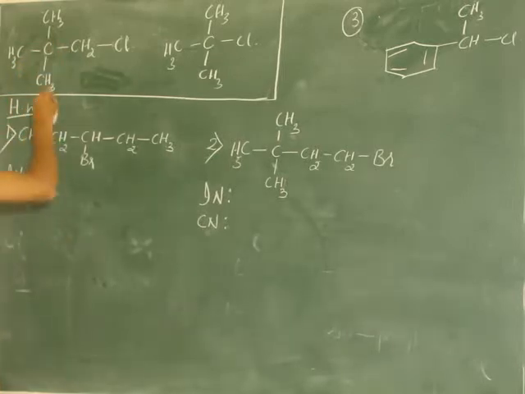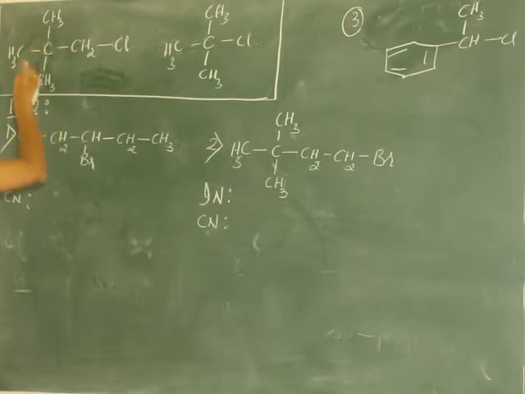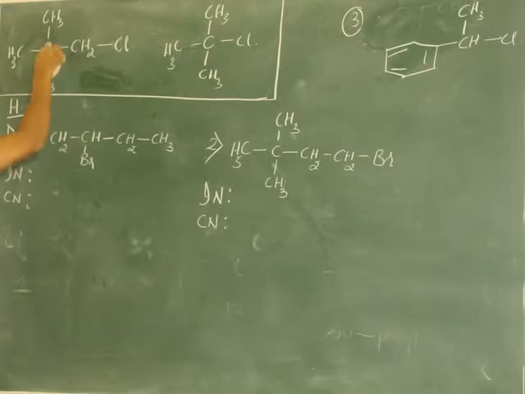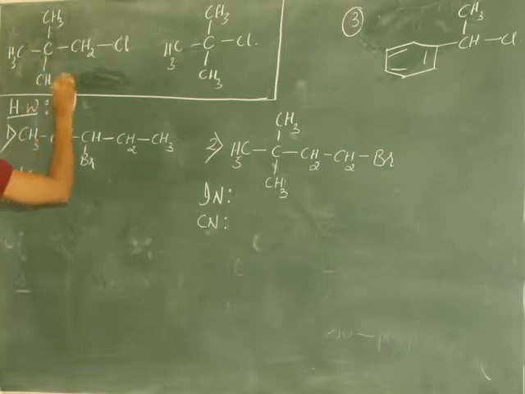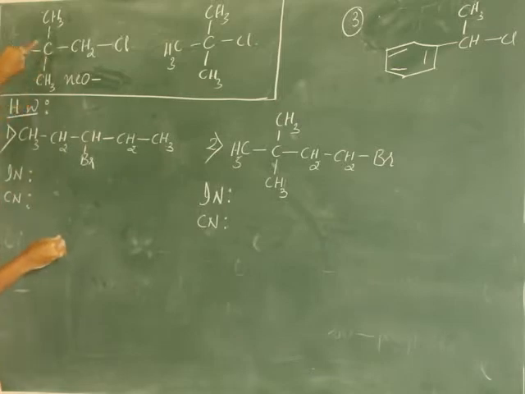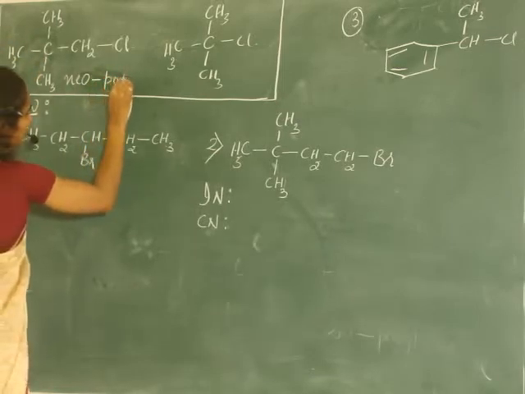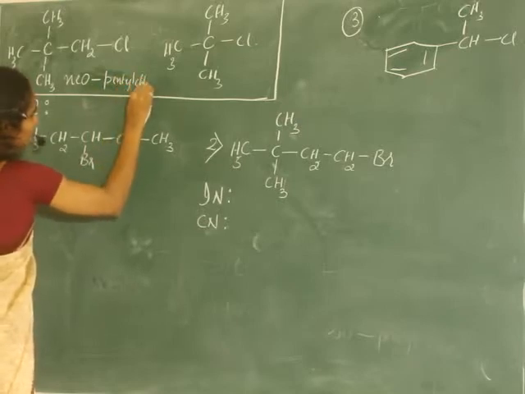Now this carbon atom is directly attached to 4 carbon atoms, hence it is a quaternary carbon, and this carbon contains 3 CH3 groups, that is methyl groups, hence the prefix is neo. Now the number of carbon atoms is 5, hence neopentyl chloride.